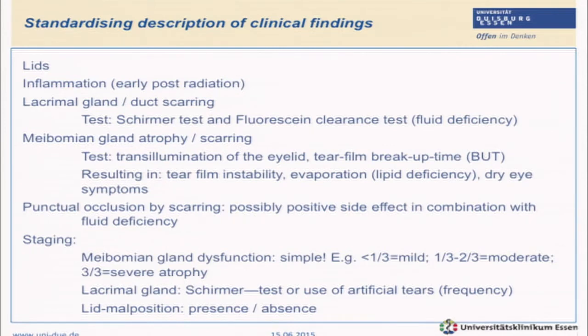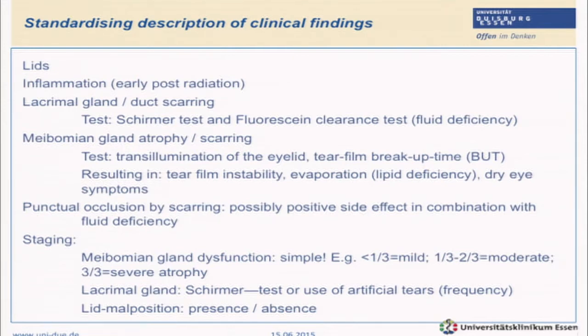I think the main point, if we want to find a staging system for different groups and for different studies, is to standardize the description of the clinical findings. And I would like to go through the different tissues on the ocular surface.